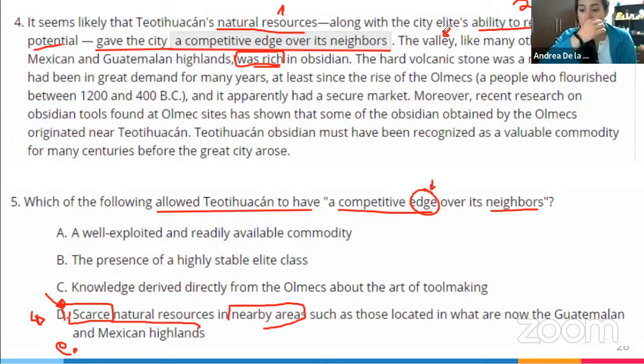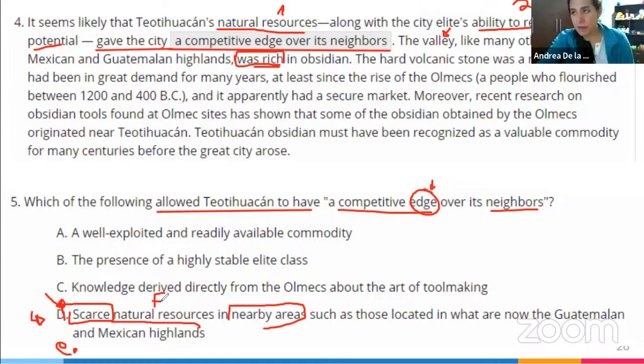So option D, even though it contains the words natural resources and it talks about natural resources, it contains false information because first of all, they weren't scarce and they weren't located in nearby areas, right? They were located in the valley itself. So option D contains false information, and that's one of the most common traps.